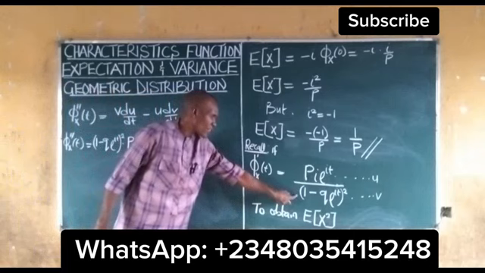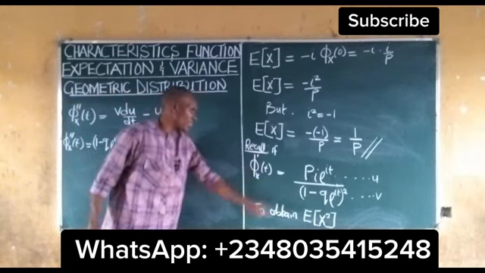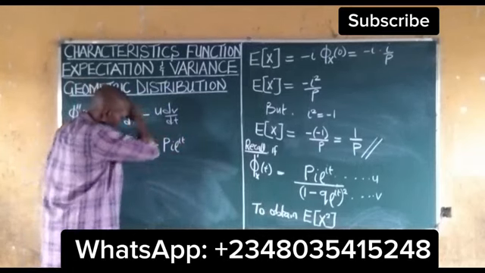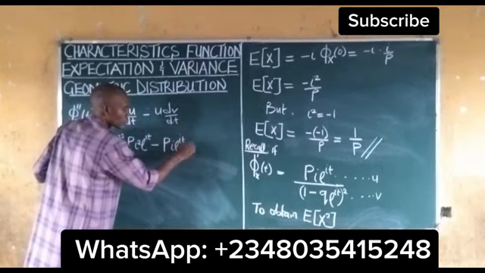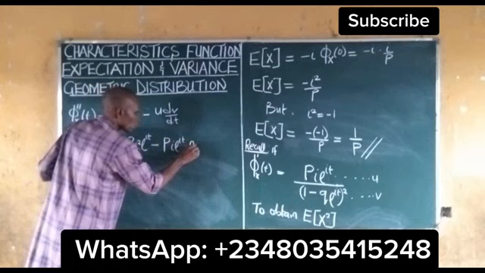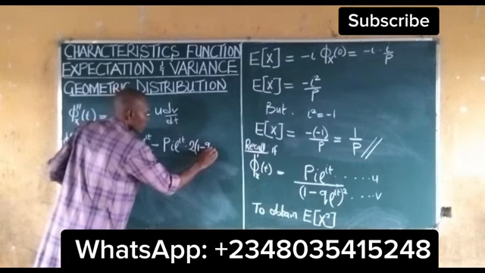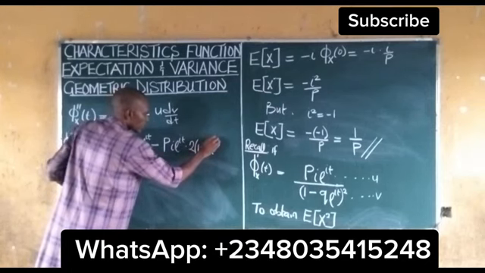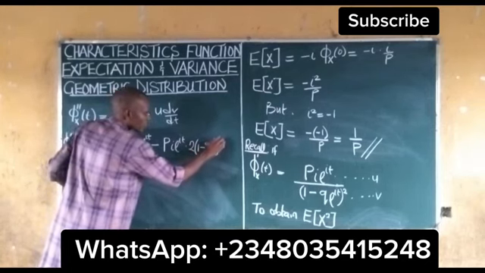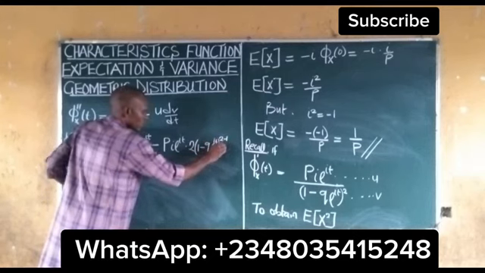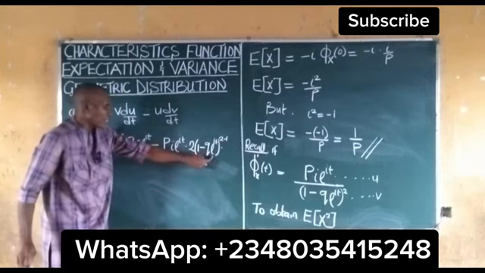So we differentiate this, the dv over dt. If we differentiate this, we get 2 into 1 minus q exponential i t raised to the power of 2 minus 1 times the function we have inside.